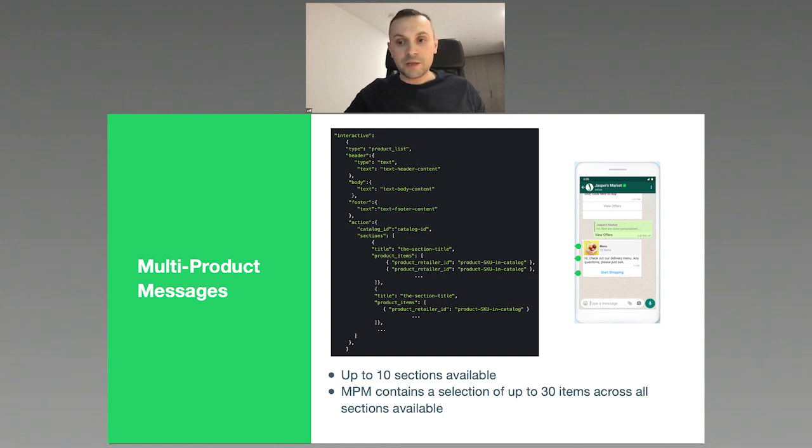To make this API call, the product catalog ID and product item ID must also be specified. You can see on that screenshot, we use the product ID once, and we specify different product item IDs in different sections.